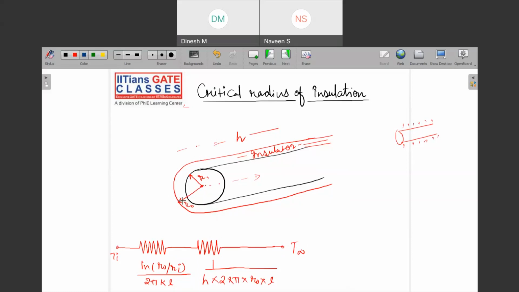If I keep on increasing this radius R0, this conduction resistance value increases, so the whole value will get increased. But what about the convection resistance? If I keep on increasing R0, the convection resistance decreases. So with the increase in R0, the conduction resistance increases while the convection resistance decreases.